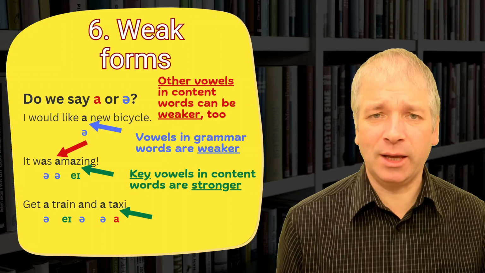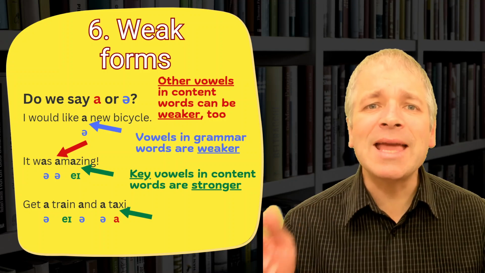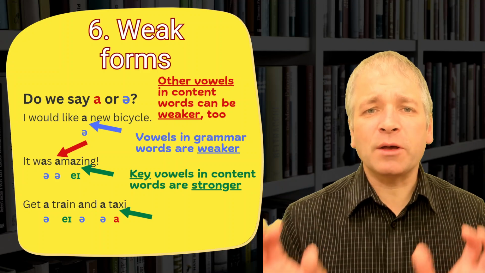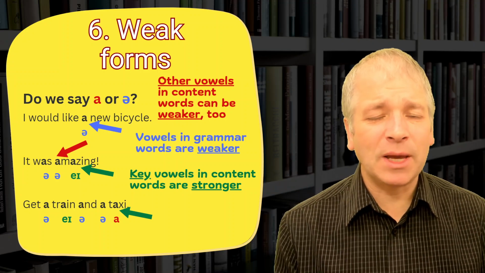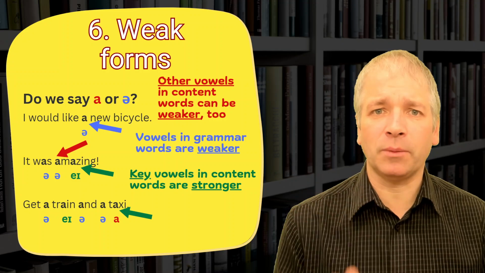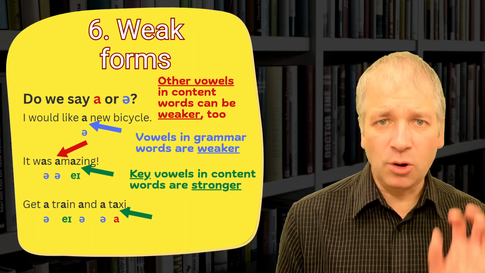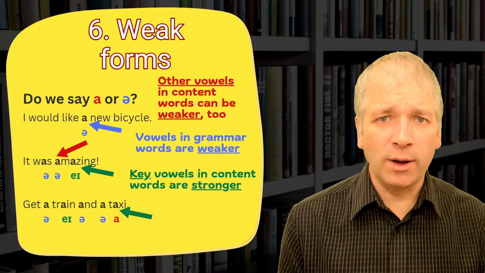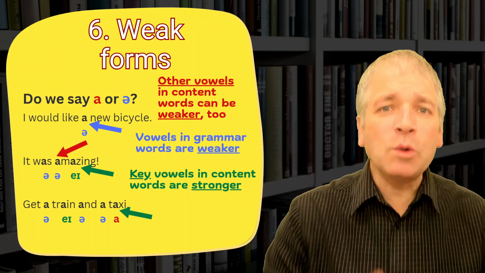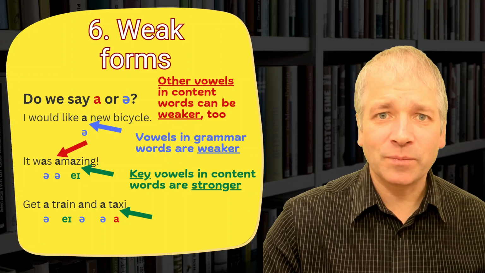In amazing, the strong syllable is maze. The other sounds can be weaker because they're not the stressed syllable. A at the beginning is not the stressed syllable in the word, so that vowel can also become weaker.